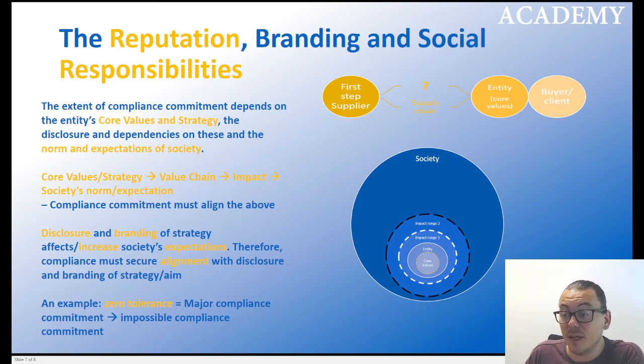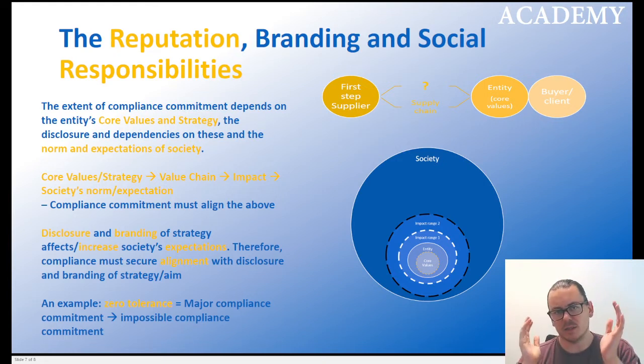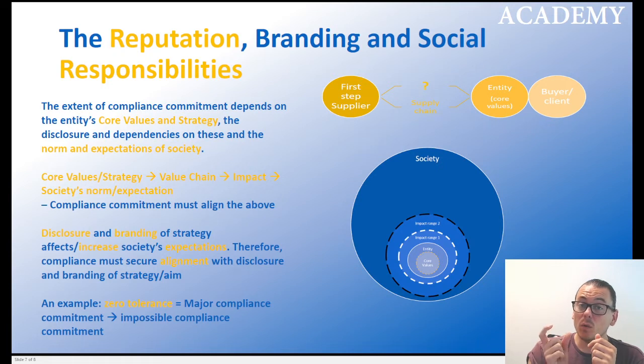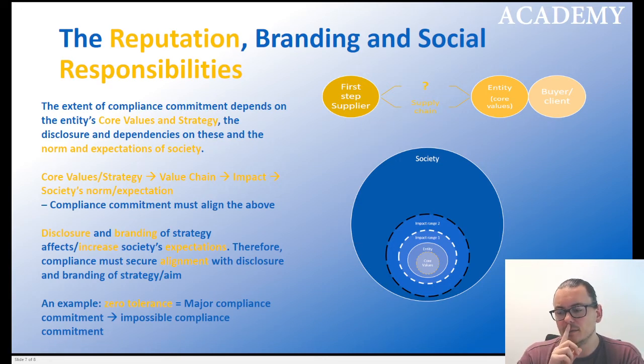And one of my favorite examples that we've seen the last couple of years, that companies tend to have lowered their branding on this point. But when the UN Global Compact started, there was a lot of fight against corruption, poverty, everything. And one of the clear phrases in company strategies and also member states was that they put in this zero tolerance commitment. And I questioned that from the beginning, because that's a major compliance commitment.